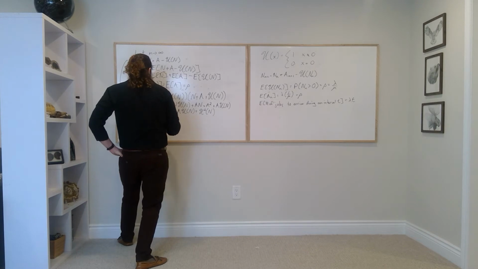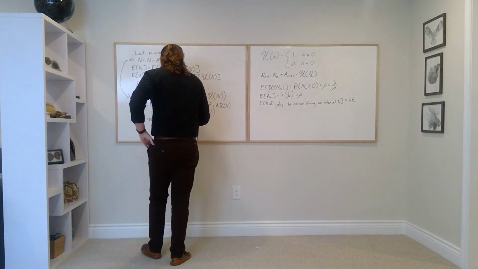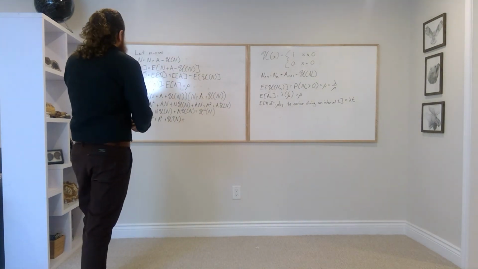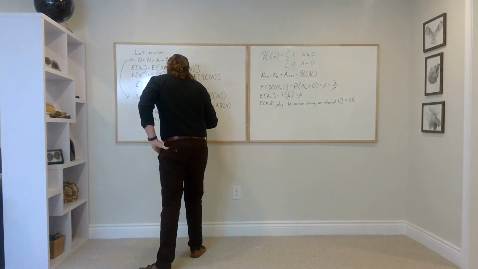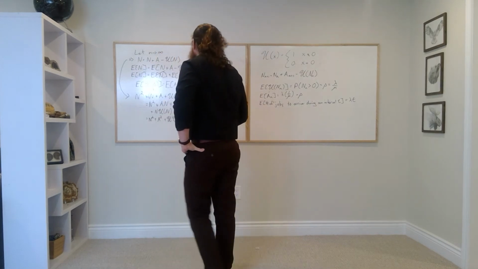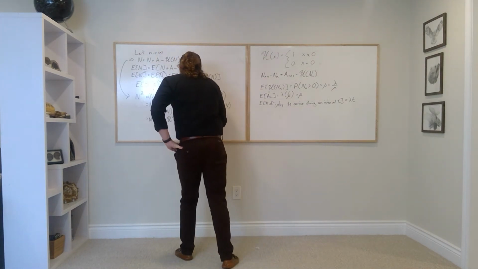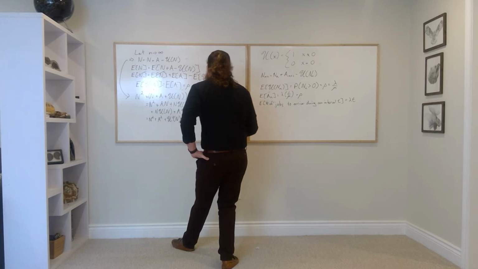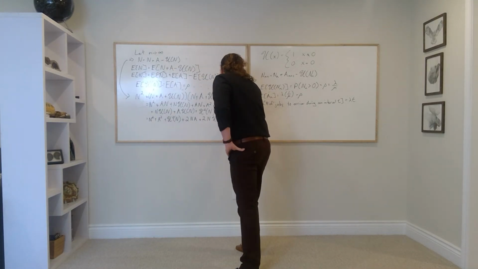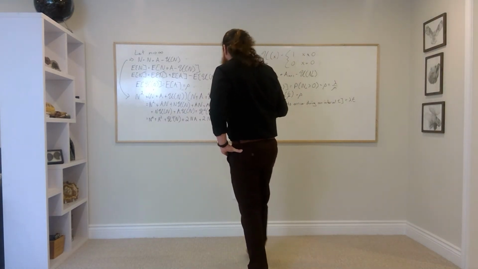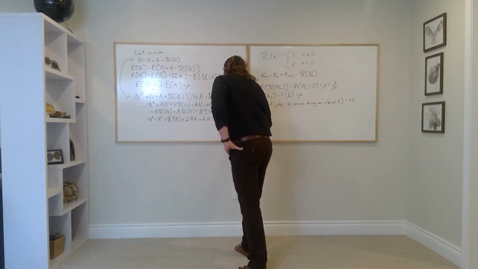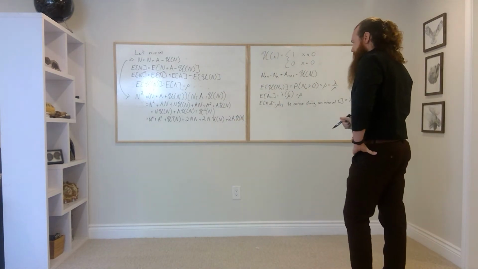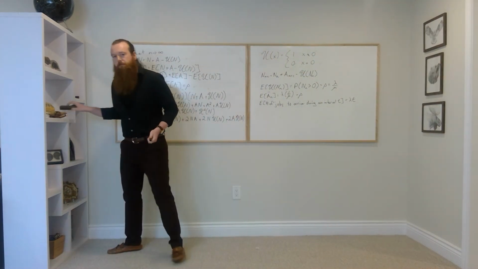So n squared plus, do all the squares, a squared plus u squared at n, plus 2 n a, plus 2 n u n, plus 2 a u n. Okay, I think I've done that correctly. Again, double check my work.